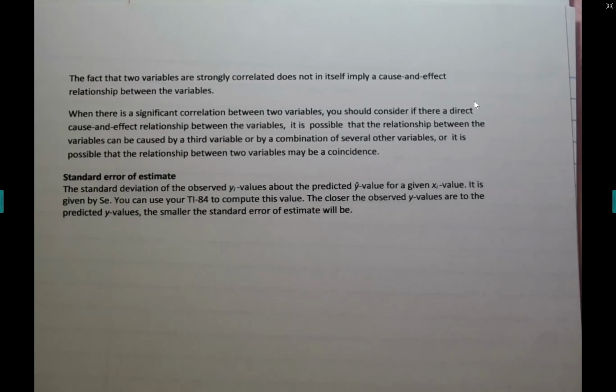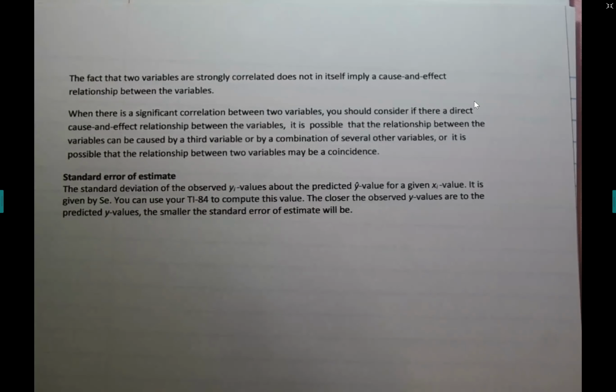And sometimes if you notice a relationship between two quantities, it might be by coincidence, or it could be due to a third reason that you can't see directly that affects the variables. So sometimes we think that two variables are related and one could cause the other, but we find out later there could be some other factors that we don't know about that are causing the relationship, but it appears to us that there is a relationship.